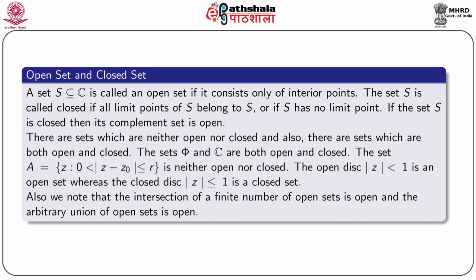The open disk mod Z less than 1 is an open set, whereas the closed disk mod Z less than or equal to 1 is an example of a closed set. Also we note that the intersection of a finite number of open sets is open, and the arbitrary union of open sets is also open.